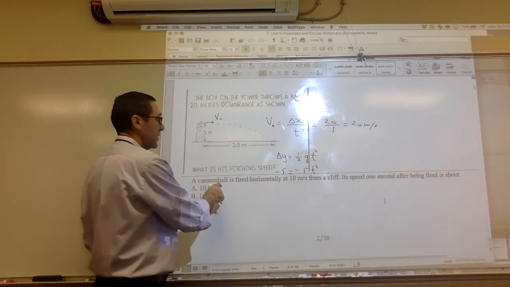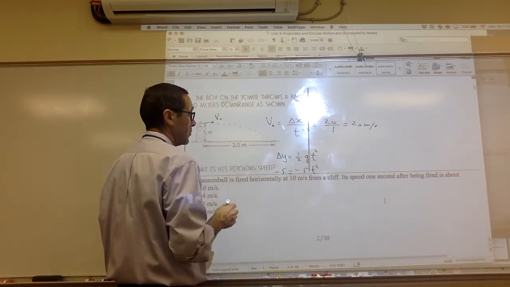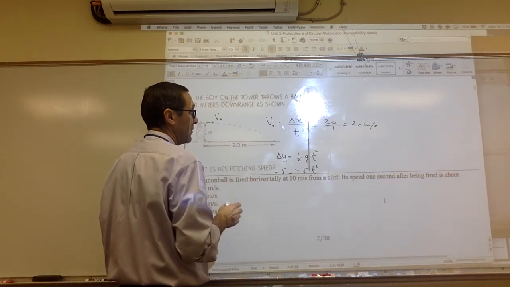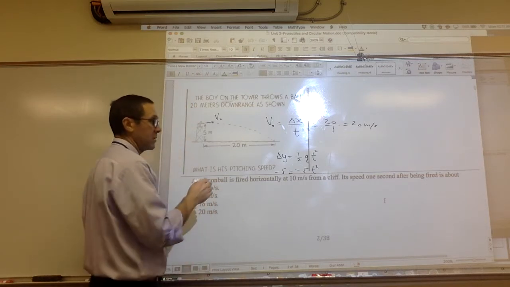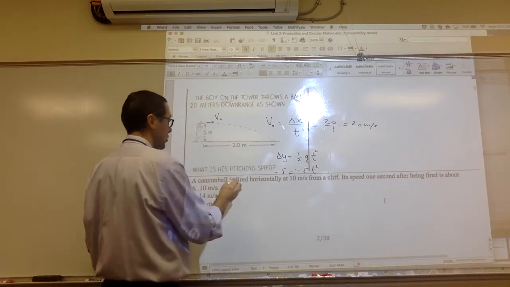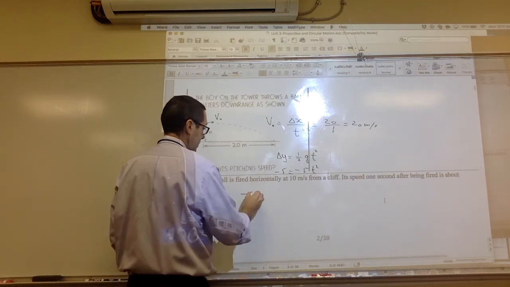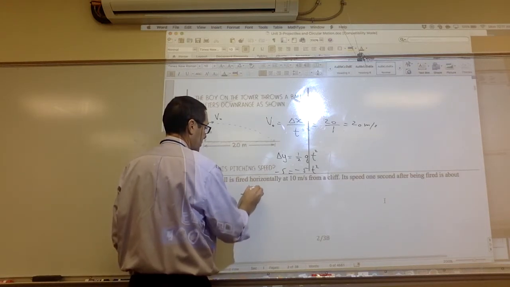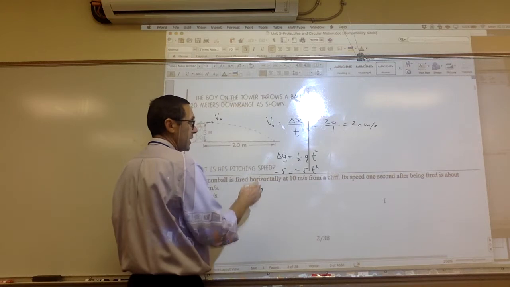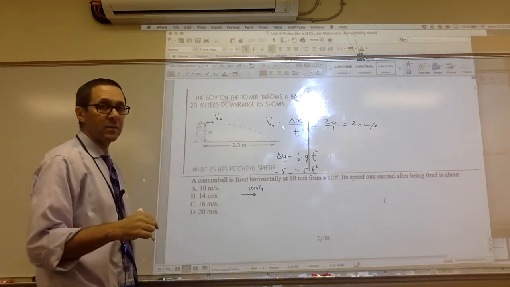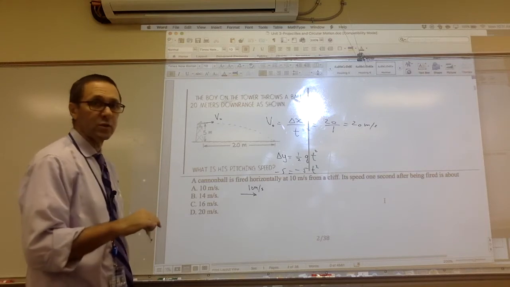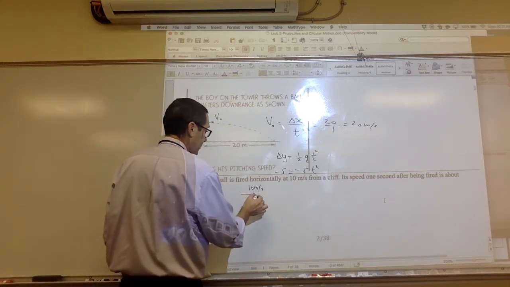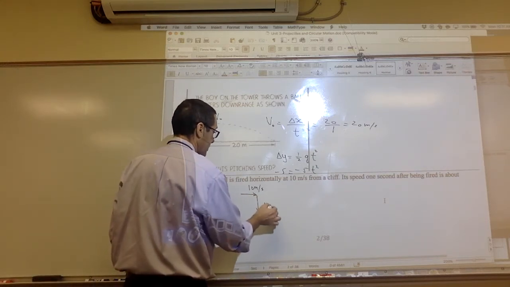A cannonball is fired horizontally at 10 meters per second from a cliff. We're going to try to find its speed after 1 second. After 1 second, horizontally, it's going at 10 meters per second. But after 1 second, based on the acceleration of -10 meters per second squared, it picked up 10 meters per second down.